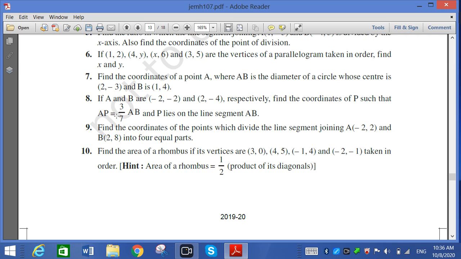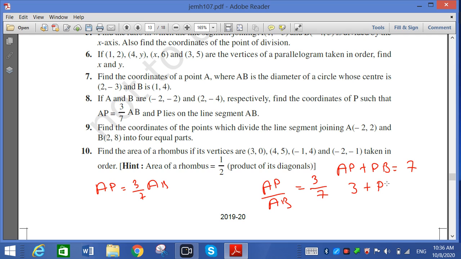Now explaining 8. AP is equal to 3 by 7 AB, so AP upon AB is equal to 3 upon 7. So AP plus PB is equal to 7. So 3 plus PB is equal to 7, so PB is equal to 4.